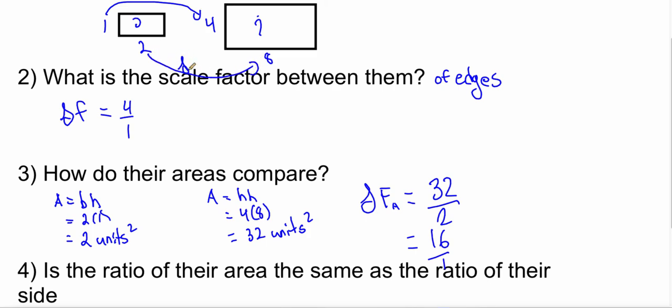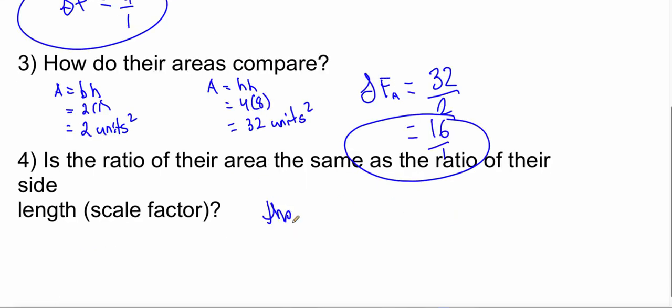So we're multiplying the scale factor by 4 twice. If we're multiplying the scale factor twice, that's the same thing as squaring the scale factor. So that is why when we have the scale factor of an edge, to find the scale factor of an area, we just square the scale factor of the edge, because we're technically multiplying that edge scale factor twice into my new image.